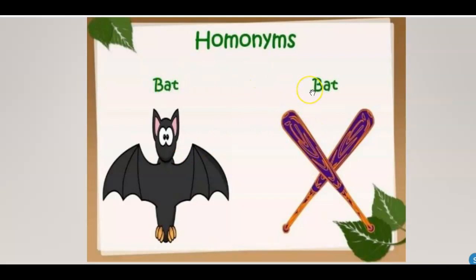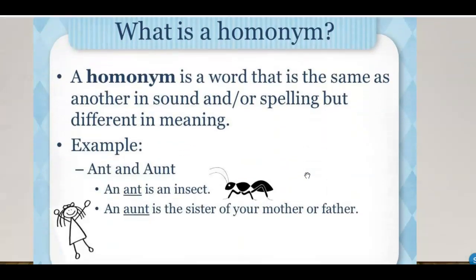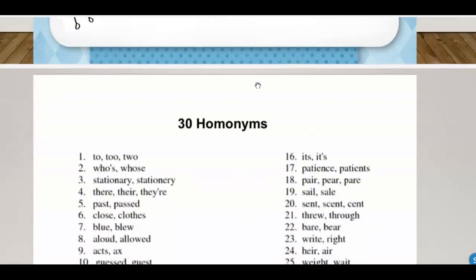They are spelled the same and they sound the same, but they have different meanings. Or aunt and ant. They are spelled differently, they sound the same, they mean different things. So all words that either sound or are spelled the same but have different meanings are homonyms.